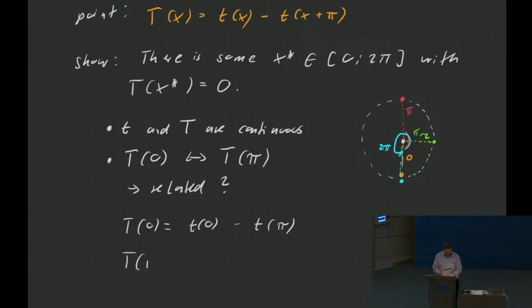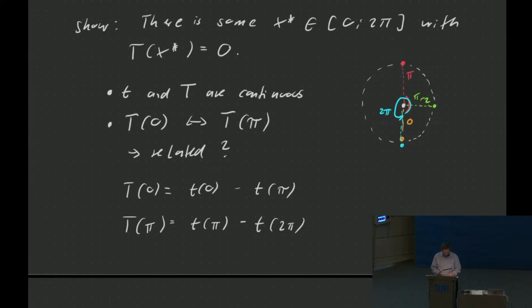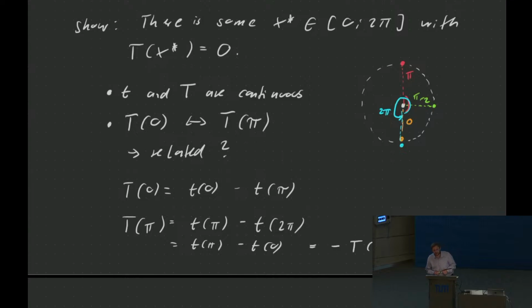And capital T of pi is t of pi minus t of pi plus pi, that's 2 pi. And this is exactly t of 0, right? 2 pi and 0, same point. So that means what we have here is actually the negative of T of 0. And that's the one point you need to find out.